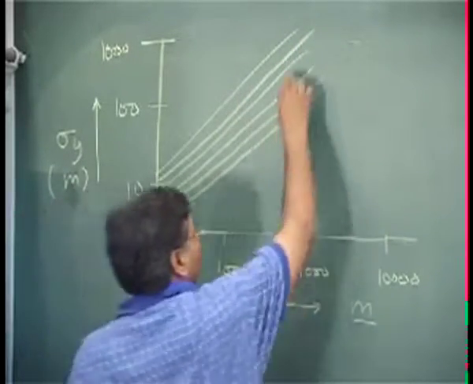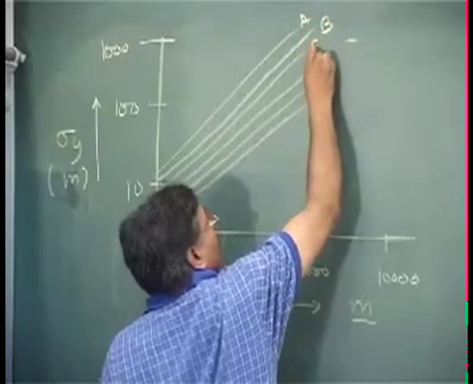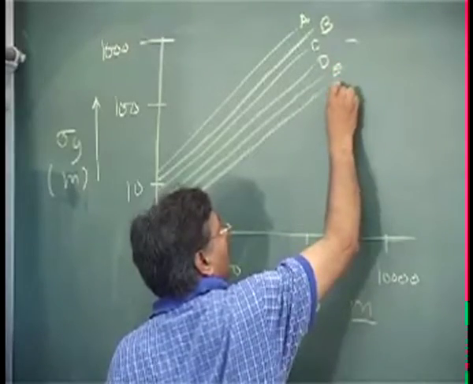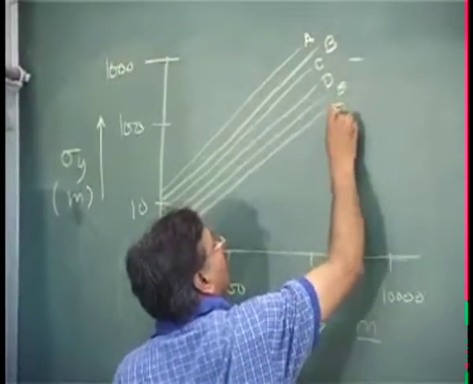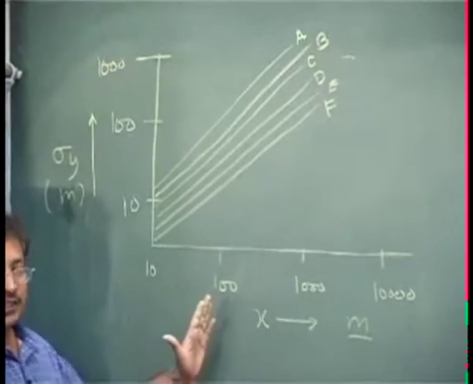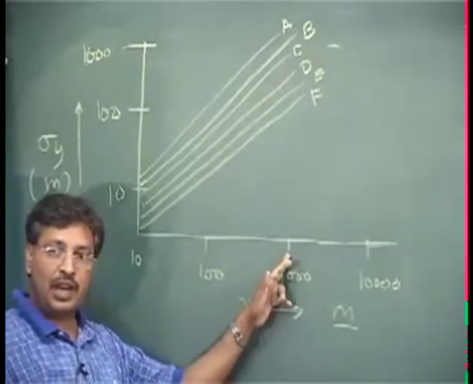They reported this for the stabilities A, B, C, D, E. So whatever your distance is, take that distance. Suppose you want to find out at 1000 meters from the stack.